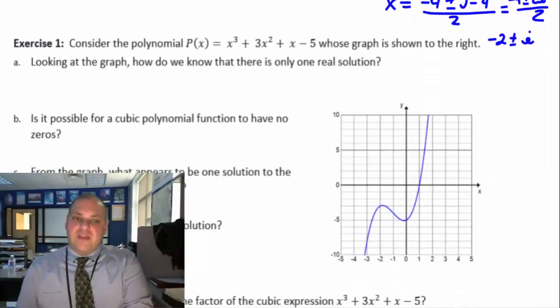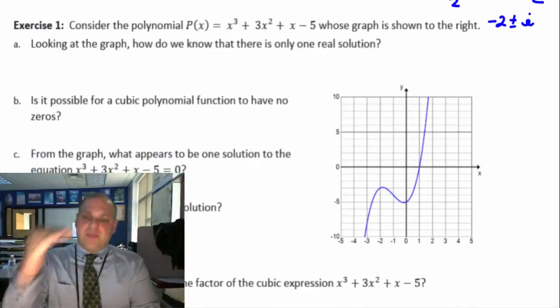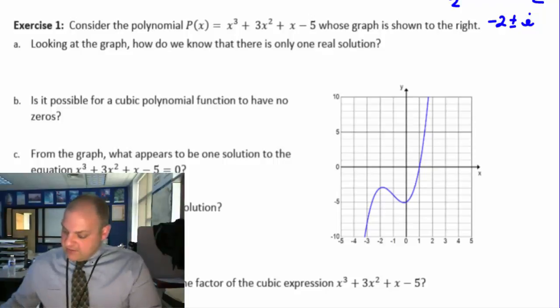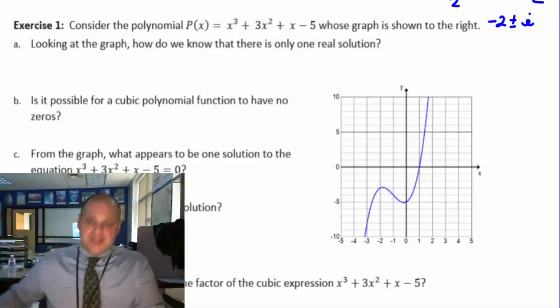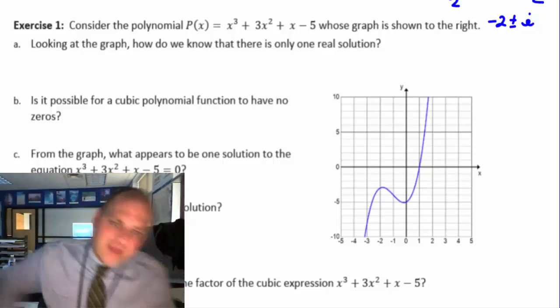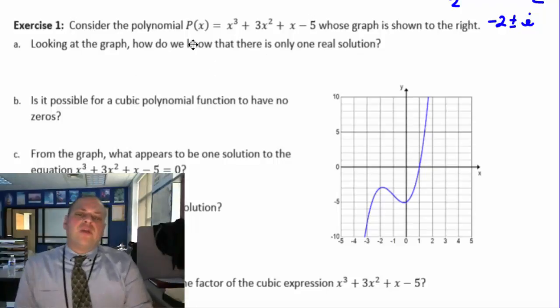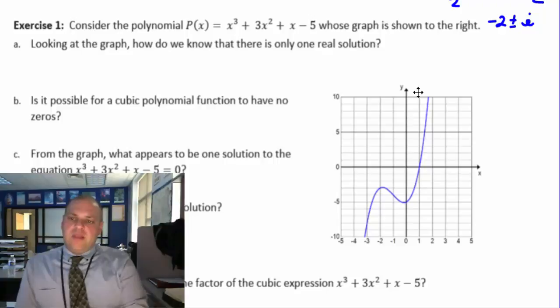All right, so now an exercise. We're going to go through an exercise step by step, A, B, C, D, and so on, and then we're going to go through one example. One exercise, one example. Looking at the graph, how do we know that there is only one real solution? Try to answer this without me giving it to you.